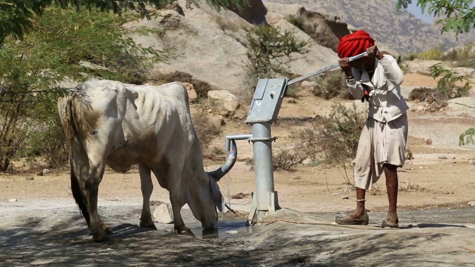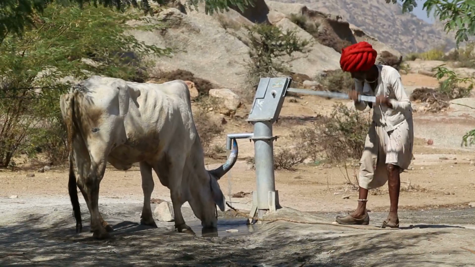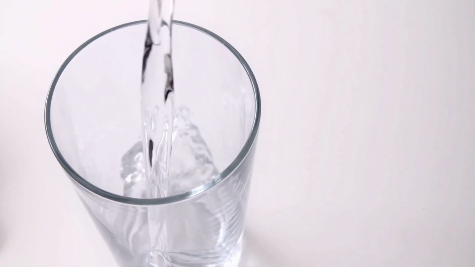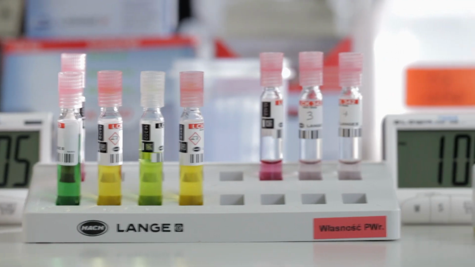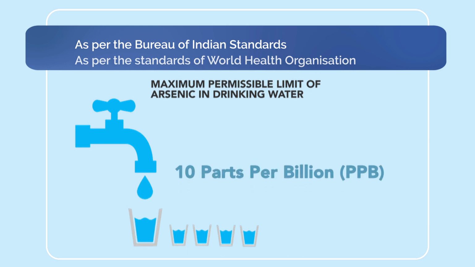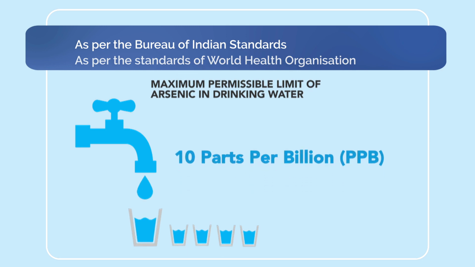Arsenic occurs naturally in groundwater, but only as a trace constituent. When its concentration in drinking water exceeds a certain limit, it is known to have many adverse health effects. As per the Bureau of Indian Standards and also as per the standards of World Health Organization, the safe limit of arsenic is 10 parts per billion.